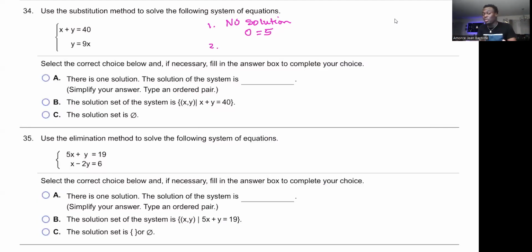The second outcome is when you're solving your equation and the variable cancels out, and you end up with a statement that is always true. In this case, you have infinitely many solutions.